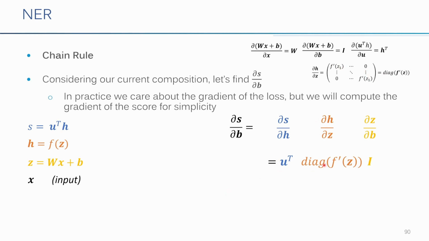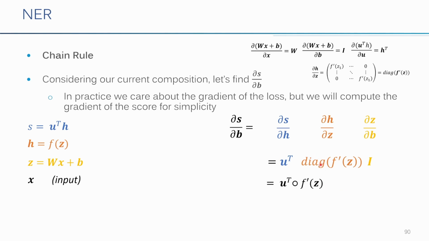And then if we do this partial derivative of z with respect to b, we obtain our identity matrix, right? And this is, again, we're calculating this for s with respect to b, but we do have to calculate this for all the other parameters that we have, right? So we have b, we have w, and so on.